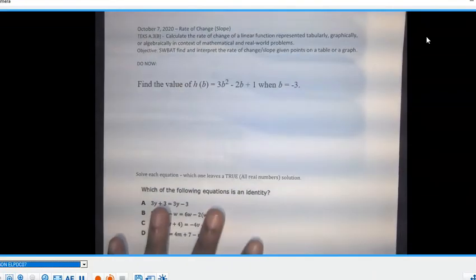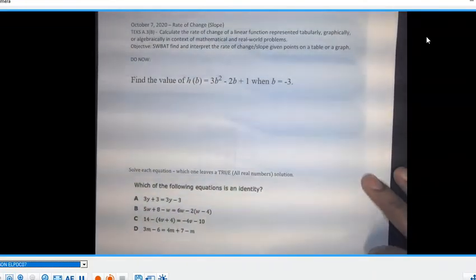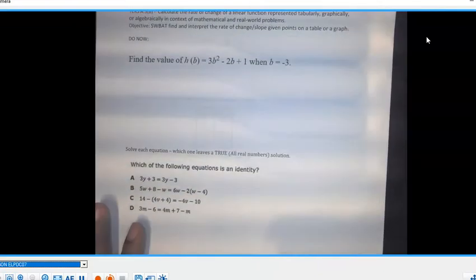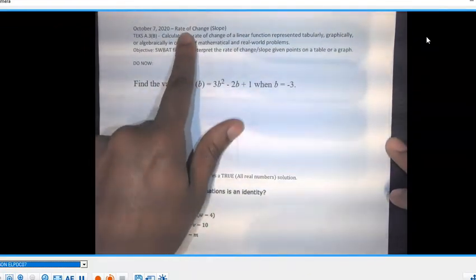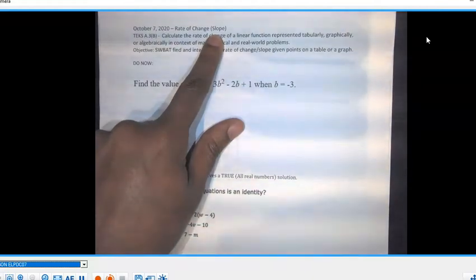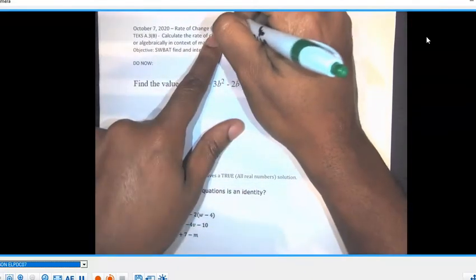As you can see, the whole point for October the 7th is we were to talk about rate of change, which was slope. Remember that we said slope is like an address.